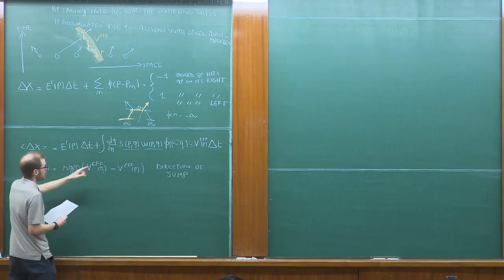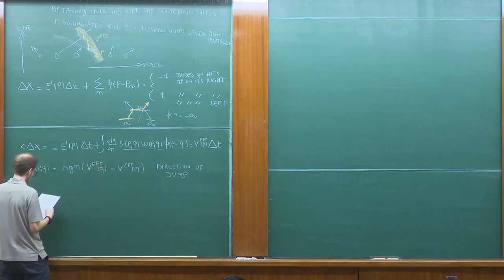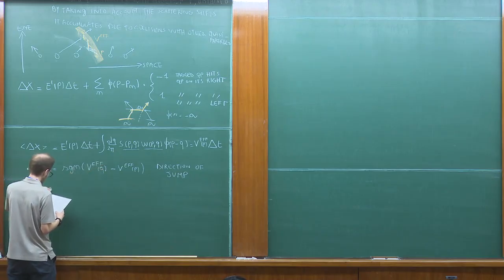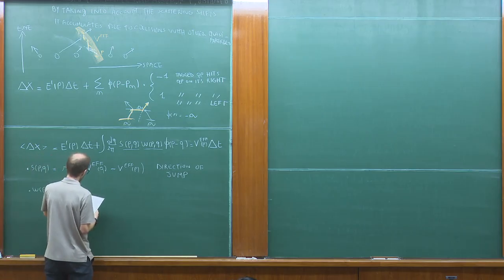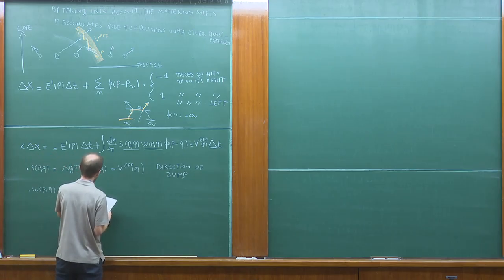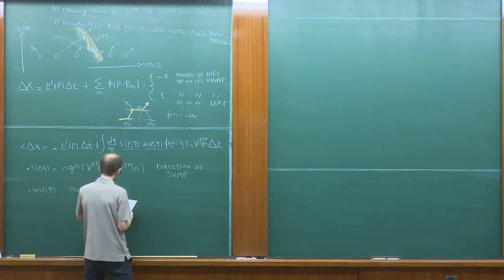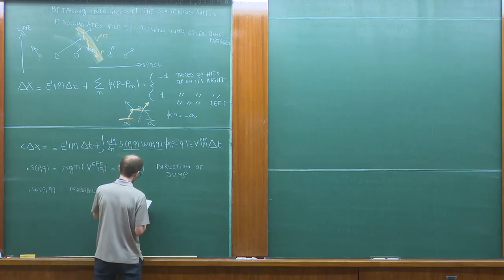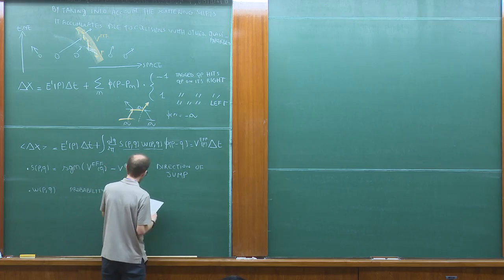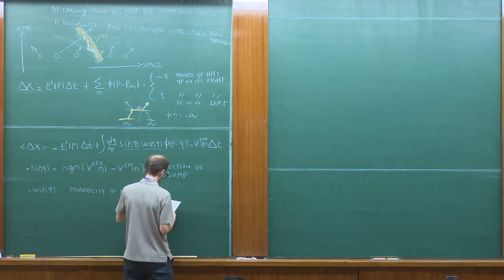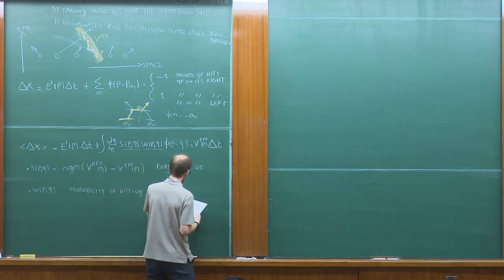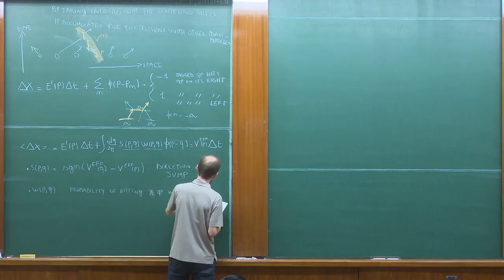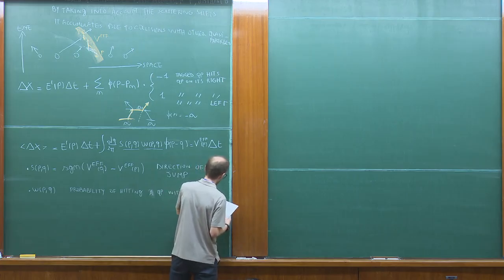And then there is the other bit, this W, which is the probability, let's say, in a time interval delta t of hitting a quasi-particle with momentum q.